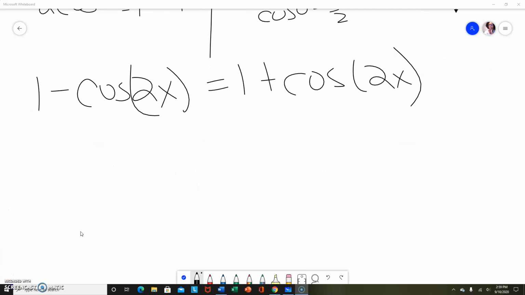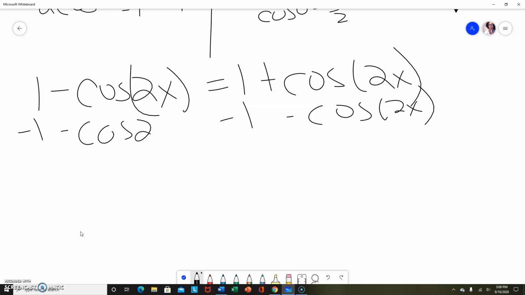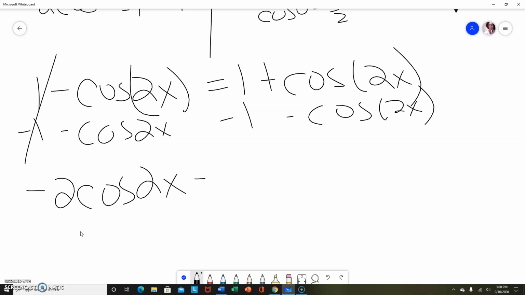Okay, so I have a double angle this time. So again, I'm going to move everything to one side. And my double angle is at 2x, by the way. And so my 1's cancel out, and I'm left with negative 2 cosine 2x equals 0. Well, I don't really need that negative 2 because I know if I divide by 2, it's 0.